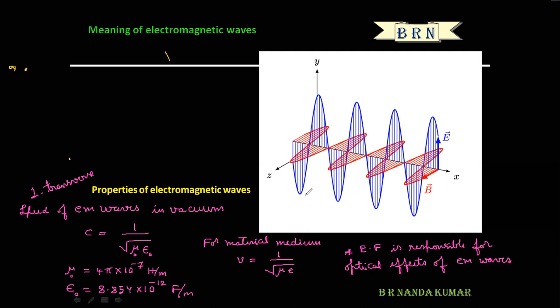Okay, so electromagnetic waves transport energy and momentum. Electromagnetic waves carry energy and also momentum. So when electromagnetic waves strike a surface, pressure is exerted on the surface. And electromagnetic waves show the properties of reflection, refraction, interference, diffraction, and even polarization.